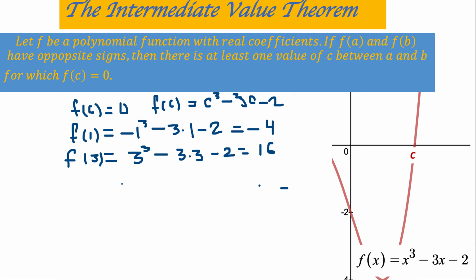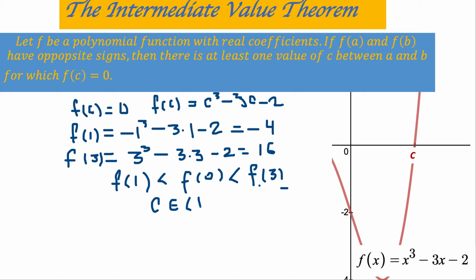So now f of 1, we already know, is smaller than f of 0, because it is negative, and f of 0 is 0. But f of 3 is 16, which is greater than 0. And the claim here is that c is an element between 1 and 3.